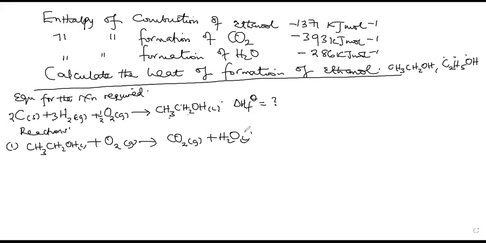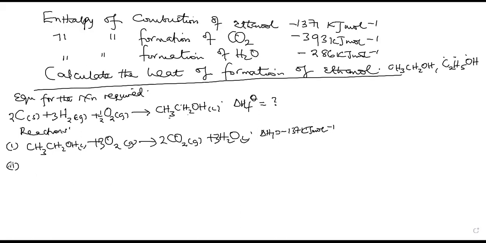I guess yes. Carbon 2, carbon 1, so bring that 2 and place it there. Hydrogens 6, but here we have 2, so bring a 3 and put it here. Oxygens, we miss 6, so I put here 3. And this is the ΔH1, which was given as negative 1371 kilojoules per mole.